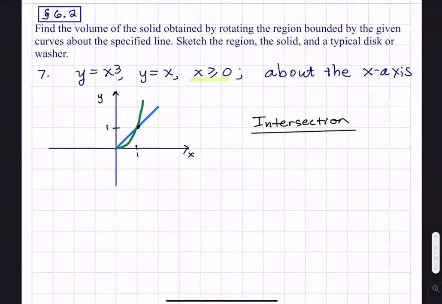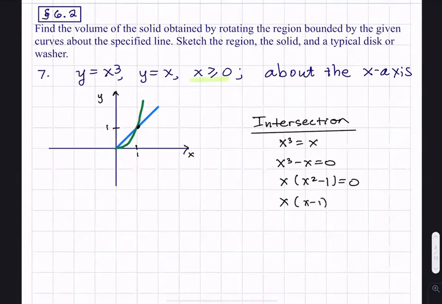But you could set these two equal to each other and solve that way. So you get x minus 1, x plus 1. We're only going to look at that part of the graph where x is positive.